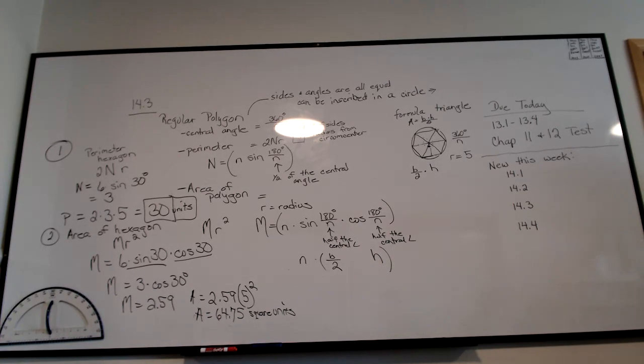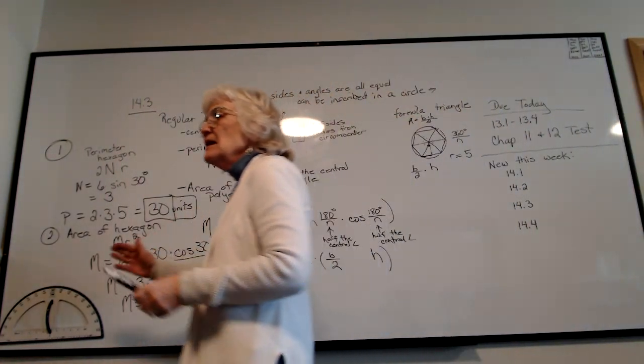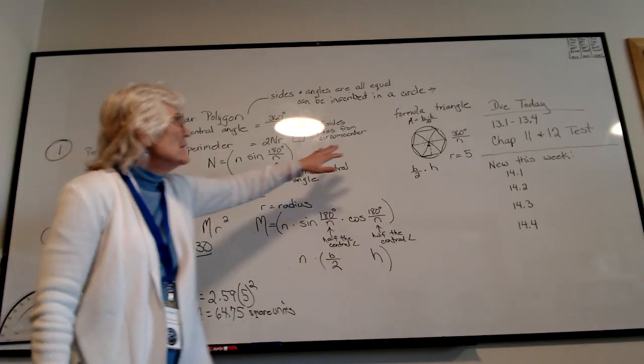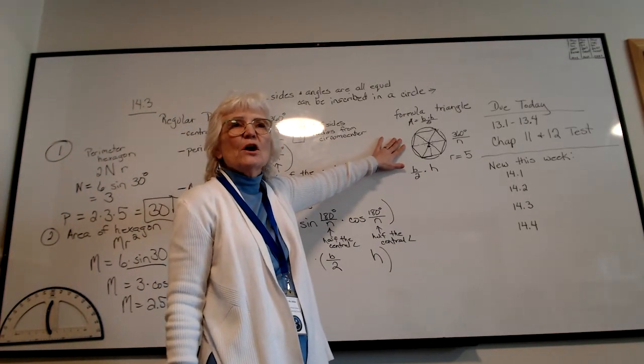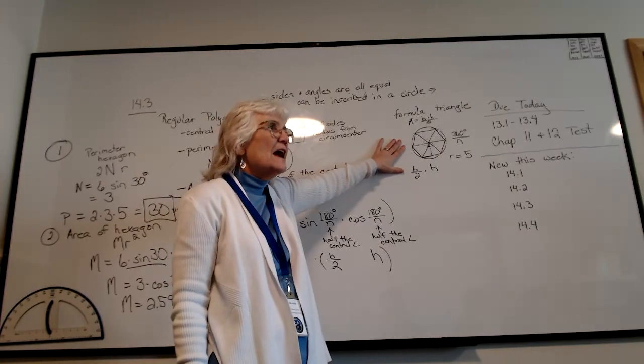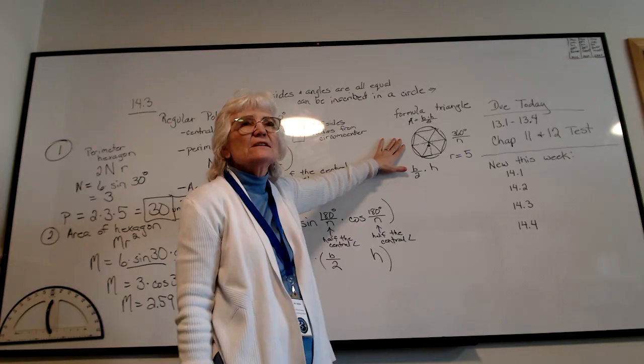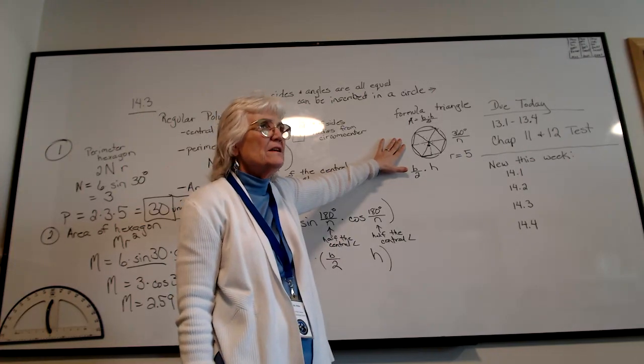So they're just showing you, if you know the radius of the circle that goes around your polygon, you can find out the area and the perimeter of the polygon inside of it just by knowing the radius.